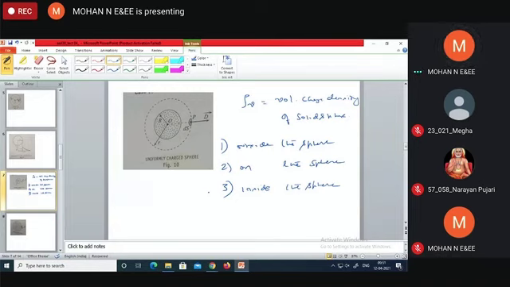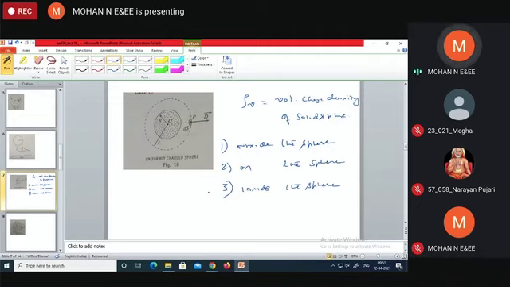So now, to find the electric field intensity, we make use of Gauss law. How do we solve using Gauss law? We find the electric flux density, and to find the electric flux density you require the charges, that is, the flux flowing through a given surface.